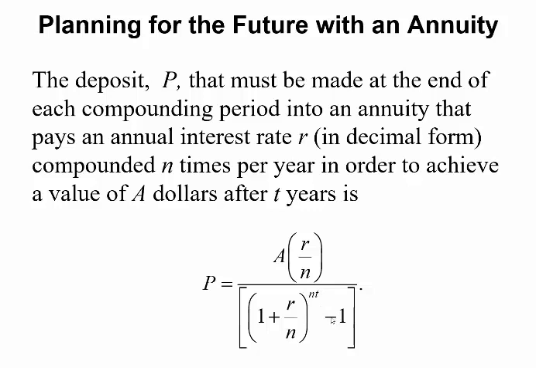Again, you're just going to need 4 things here. You need to know the amount you want the annuity to be valued. You need to know the rate. You need to know the number of times you're going to compound per year. And you need to know T, the number of years that you want to meet this goal. Okay, let's work an example.